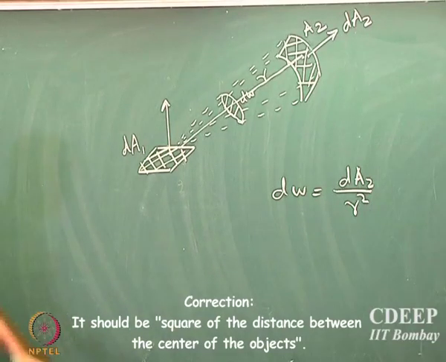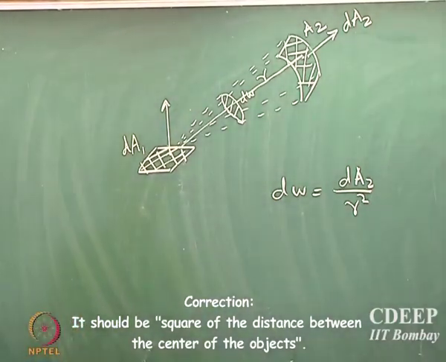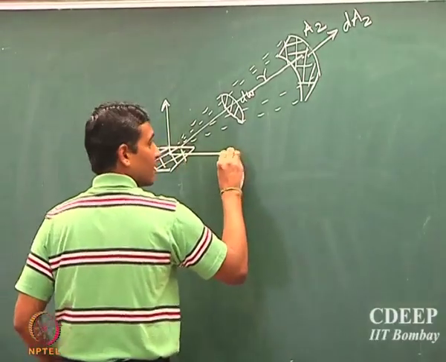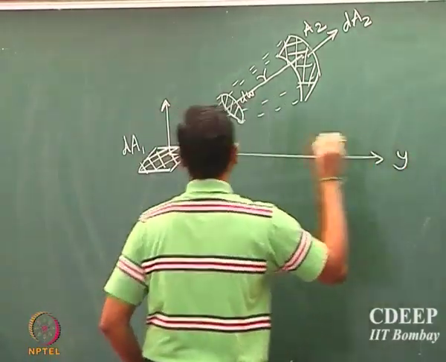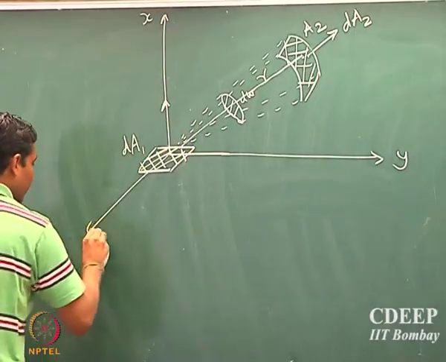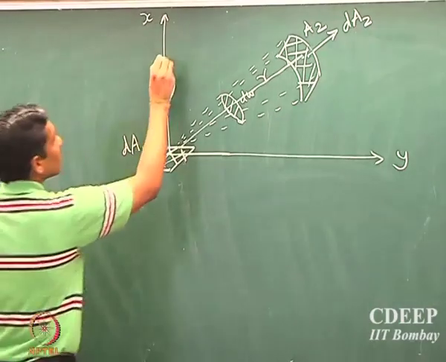We are going to now find out how to find this solid angle for any arbitrary three-dimensional system. So, supposing I now define this as my y direction, this is x, and this is, let us say, z direction. Now, I can draw a hemisphere. So, I can draw a section of the hemisphere.